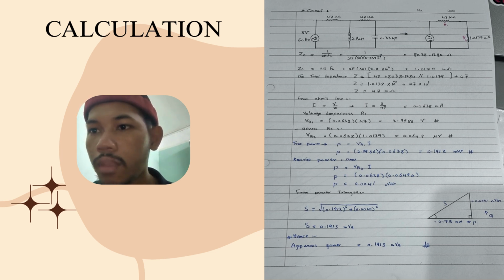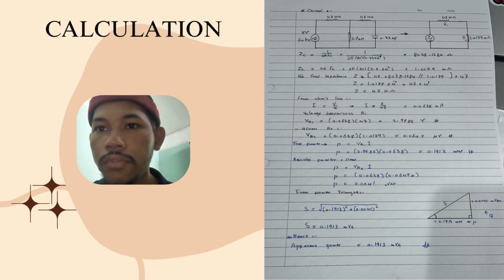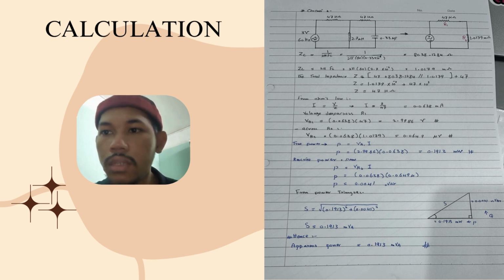Then reactive power is the value of VR2 times current.